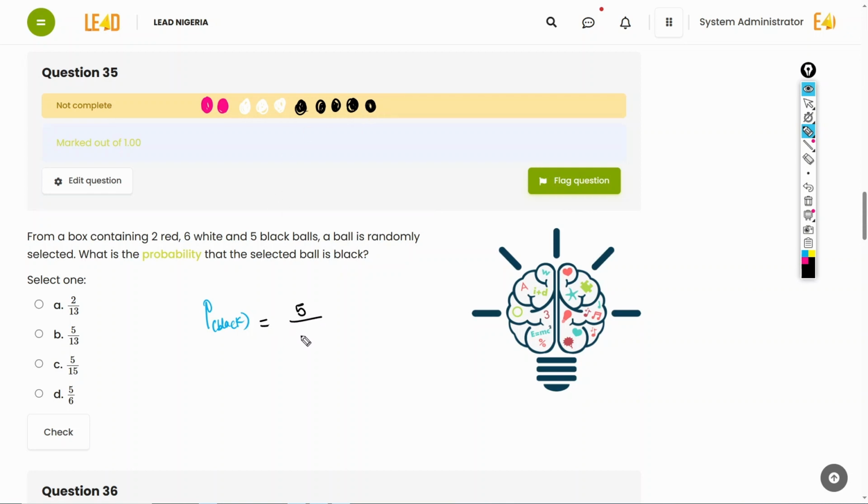Oh, I'm sorry, I drew 3 white, so 6 white. Let me just draw the other white here. So that's 6 white. That'll be 5 out of, so let's count them all now. 5 plus 5 is 10, 10 plus 3. So that's 5 out of 13. Right, so 5 out of 13, sorry.